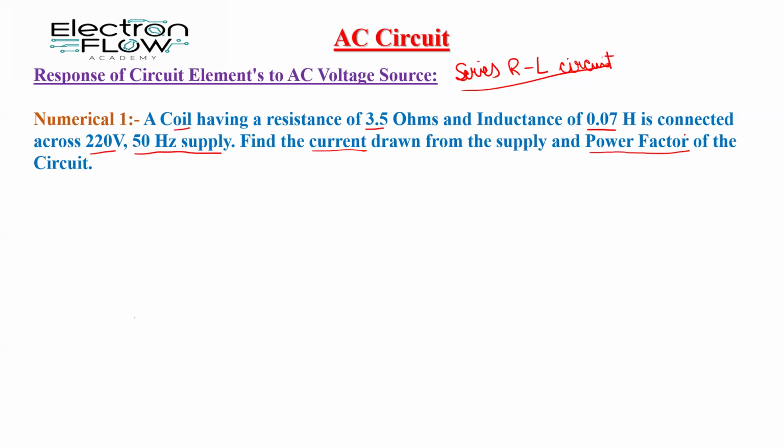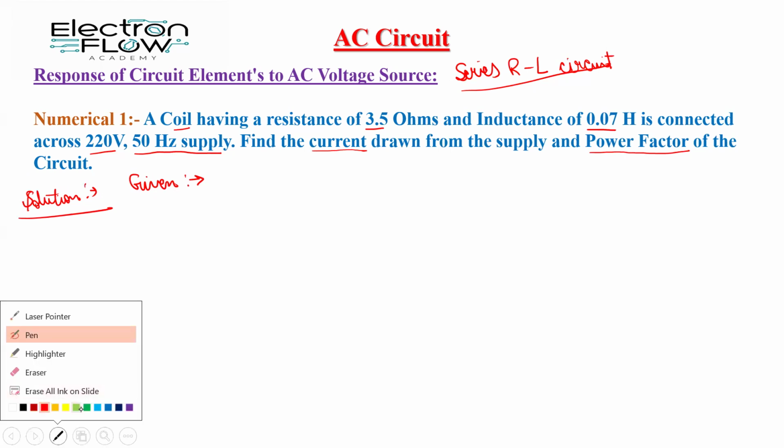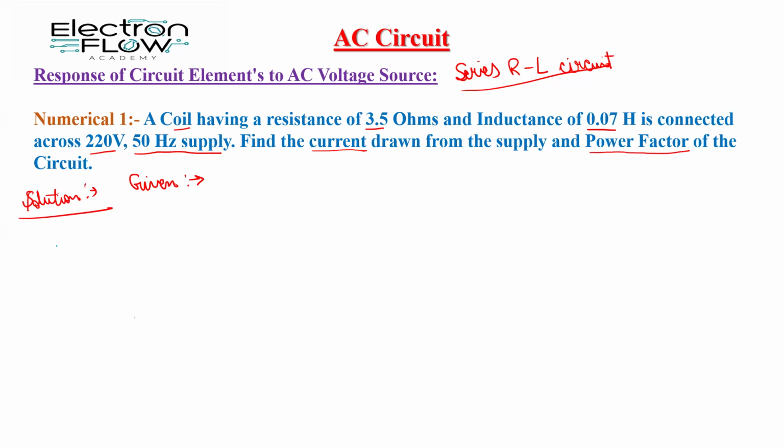So basically, here is the given data and the solution. Firstly, the resistance R is equal to 3.5 ohm, and the value of inductance is given as 0.07 Henry.